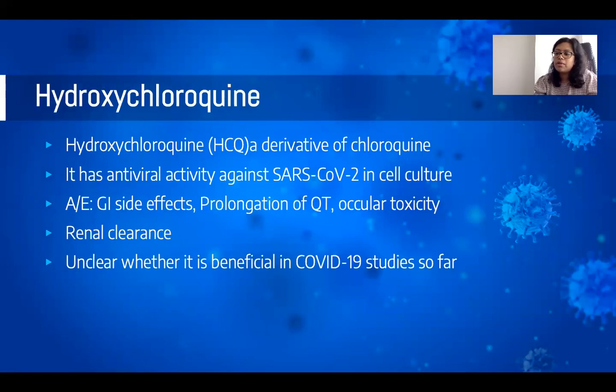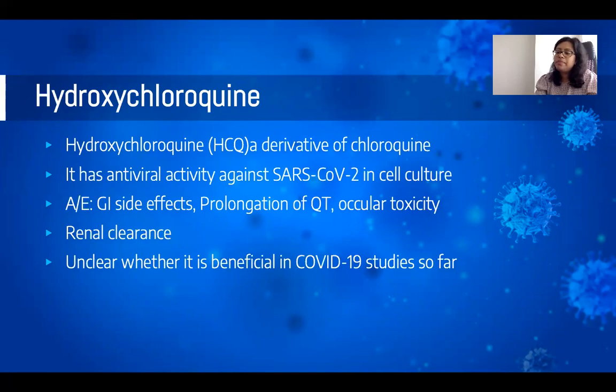Moving on to hydroxychloroquine. This has received a lot of media attention. It is a derivative of chloroquine, and hydroxychloroquine has been used for many decades to treat malaria and rheumatological diseases such as lupus and rheumatoid arthritis. It's been shown to have antiviral activity against SARS-CoV-2 in cell culture, so in vitro.